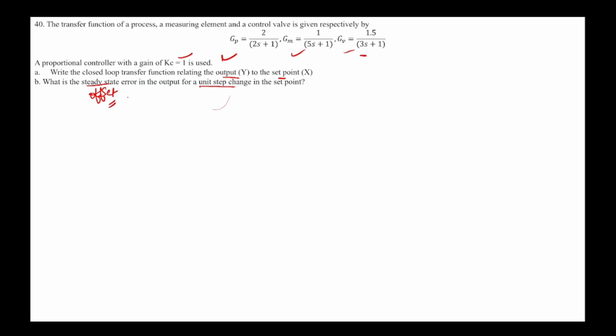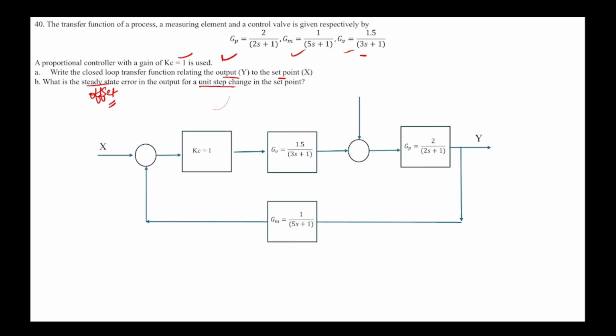So very first we will see the diagram. This will be minus, this will be plus, this will be plus, and this is US, that is load, and that is set point XS, and this is YS.